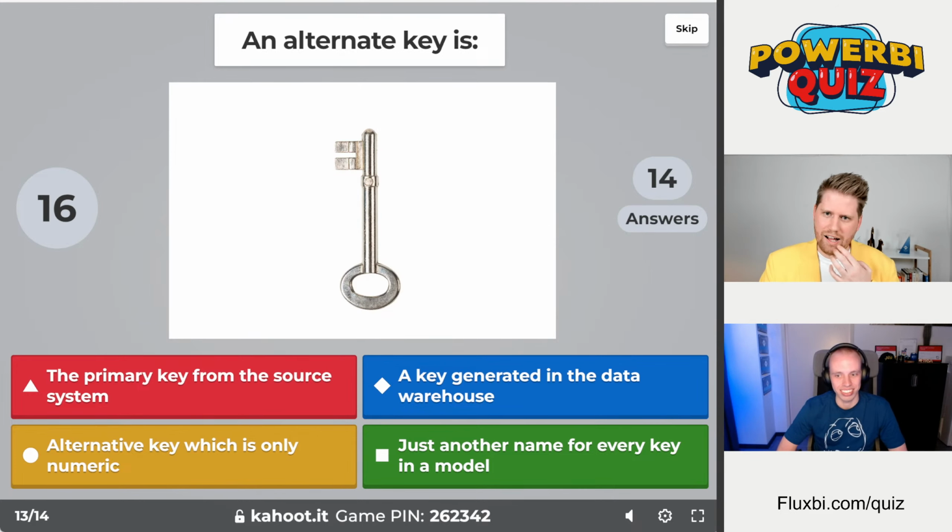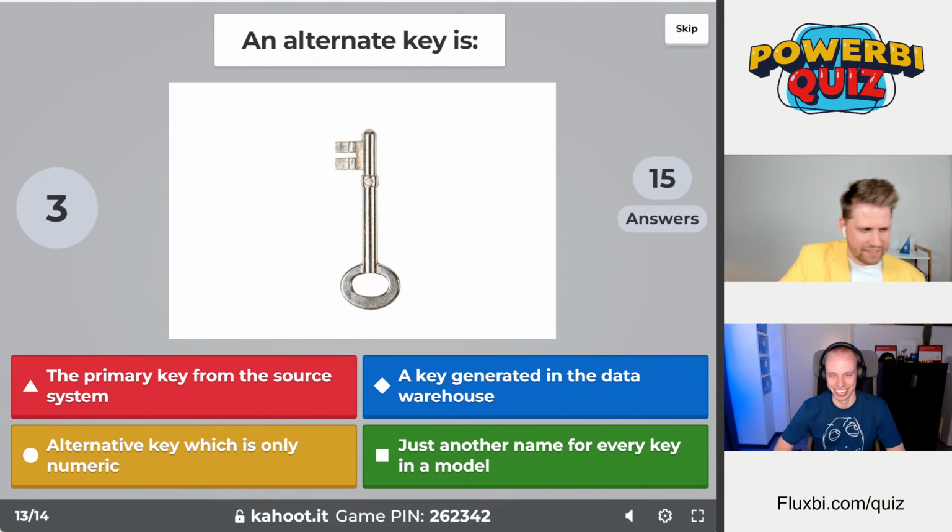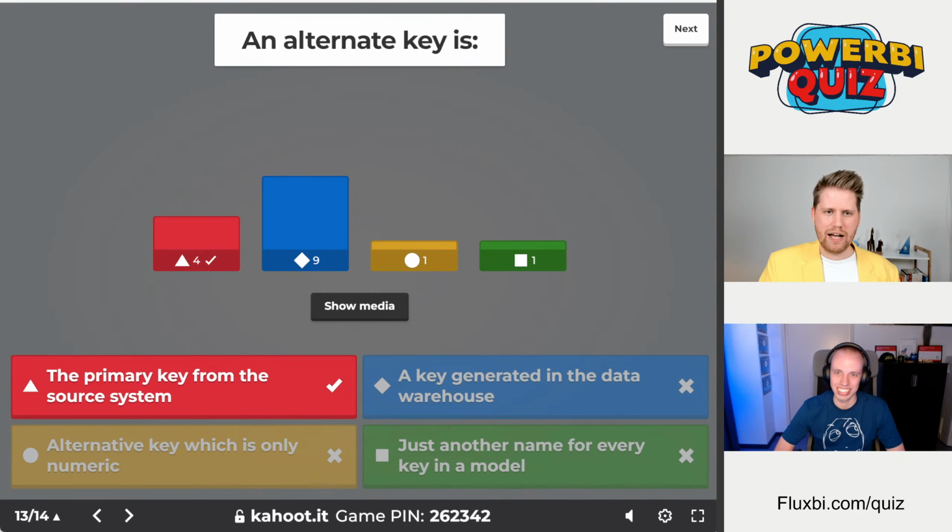I do. I don't know what to say about alternate keys that wouldn't give away the answer, like spot on.